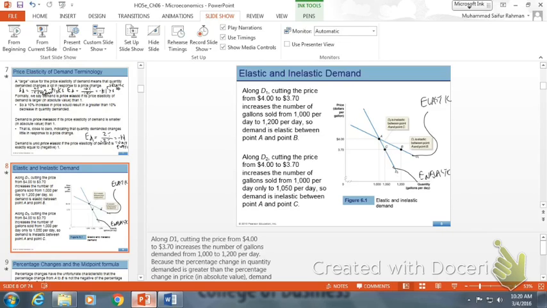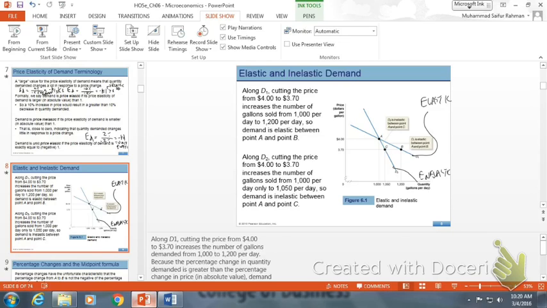Now, what we're going to do, we're going to assume again our D1, but we're going to assume that our consumer moves from B to A, which means that we are now going to consider a situation where prices are going up rather than going down, by the same amount, from $3.70 to $4, and our quantity demanded is going to also decrease from 1,200 to 1,000. Same numbers, but notice that they're going to give you completely different elasticity numbers.